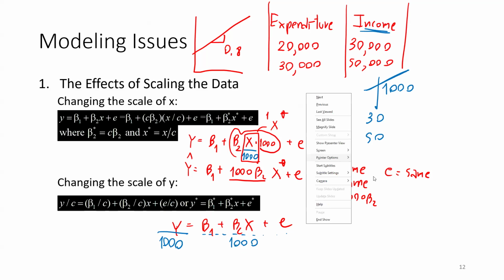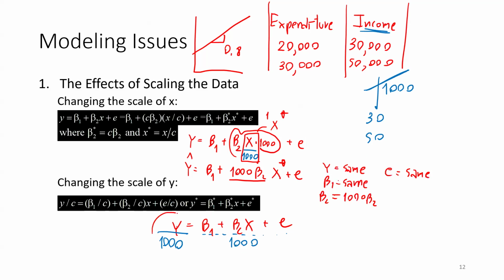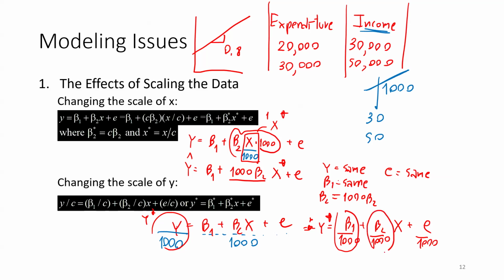And then this becomes the new y, so it's y star, equal to beta 1 over 1000 plus beta 2 over 1000 x plus error over 1000. So you can answer that the intercept is less than before by 1000 times. Beta 2 is over 1000 and the error is over 1000.